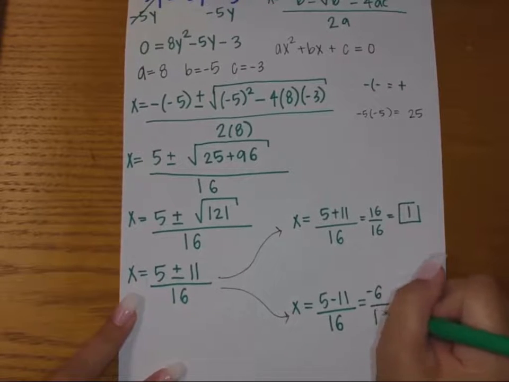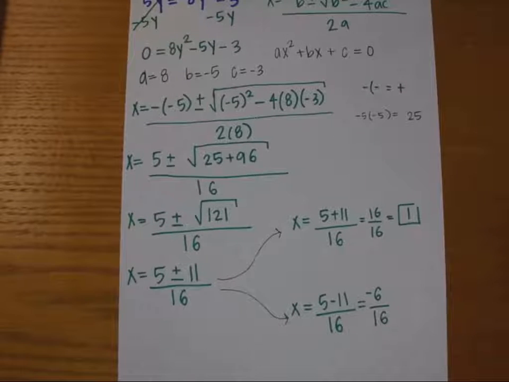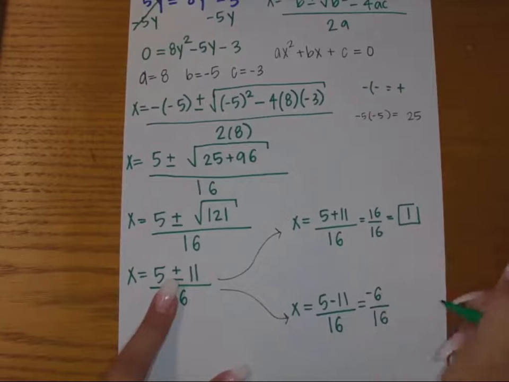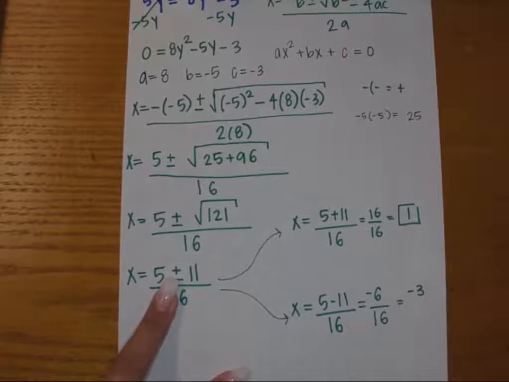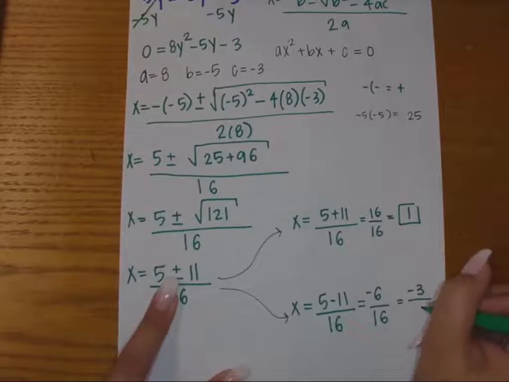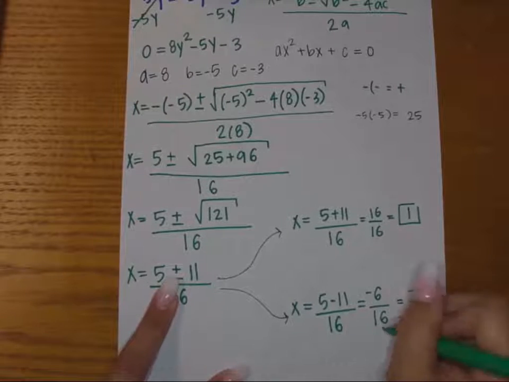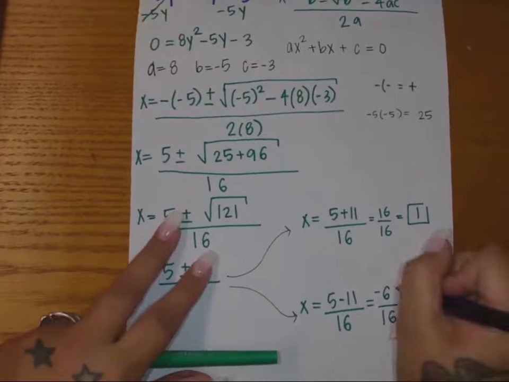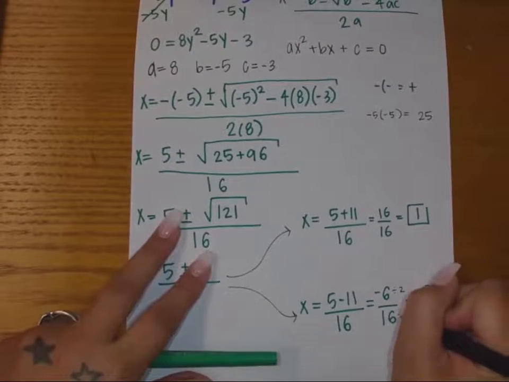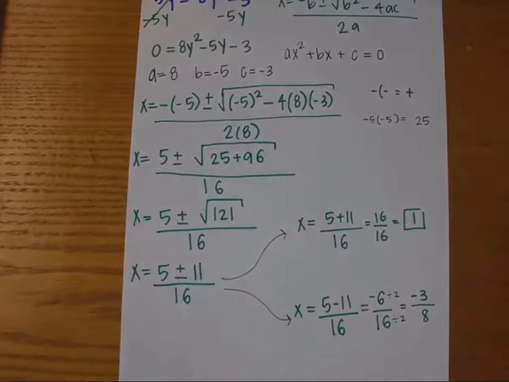And then over 16, both of those are actually divisible by 2. So I would get 6 divided by 2 is 3. Signs are different, so it's negative. And then 16 divided by 2 is 8. The signs are the same, so it's positive. Let me write that right here. I divided the top by 2, and I divided the bottom by 2.